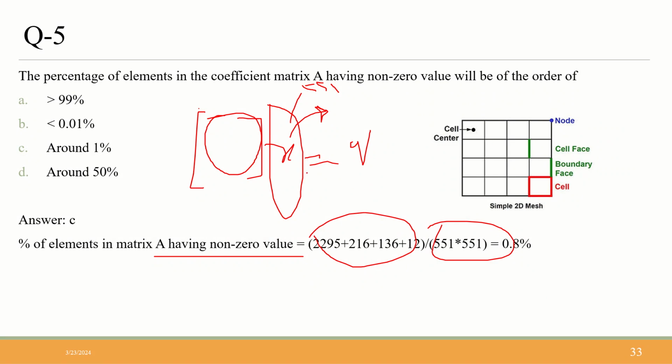So in those 551 cross 551 points, these many points are having non-zero values because rest will be having zero values. So on that basis, it is like coming out as 0.8%. So we have options as greater than 99%, less than 0.01%, around 1%, around 50%. So right answer is option C, around 1%, because what answer we were getting is 0.8 percentage.